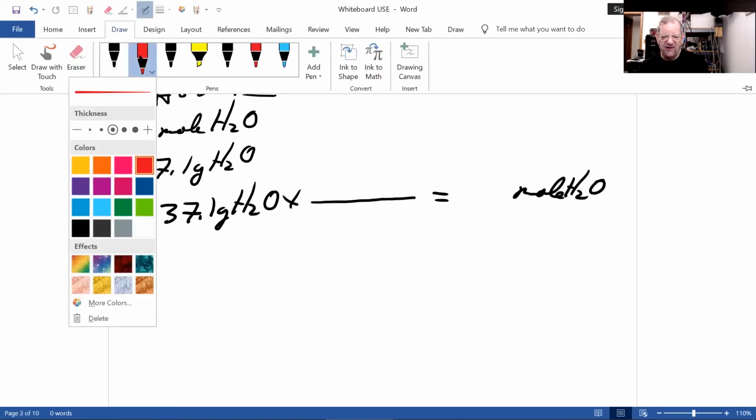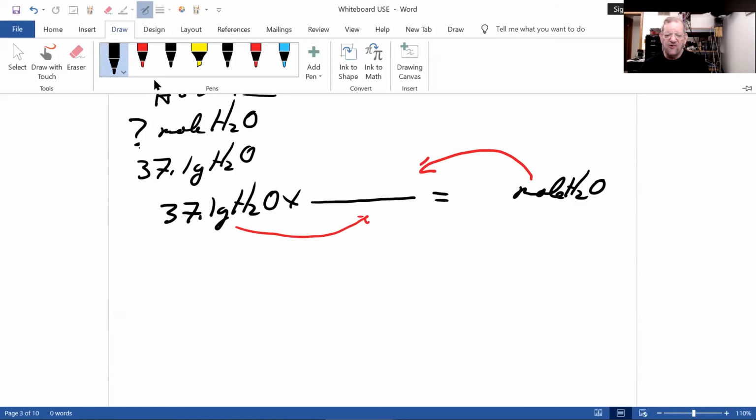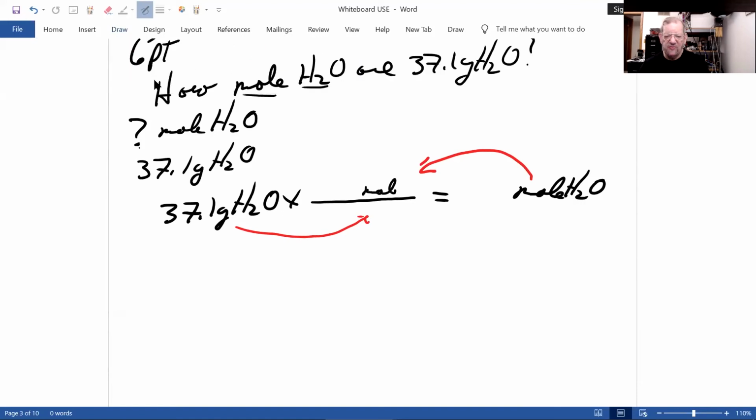Whatever I'm trying to get to goes on top of the ratio. Whatever I'm trying to get rid of goes underneath. So on top, I want moles of water. Underneath, I want grams of water. And the question is, where do I get that?